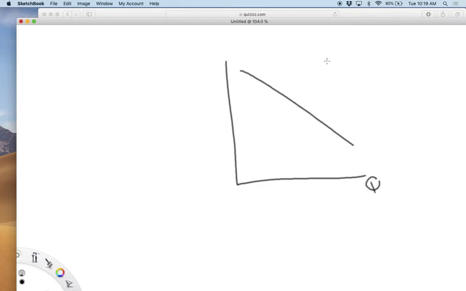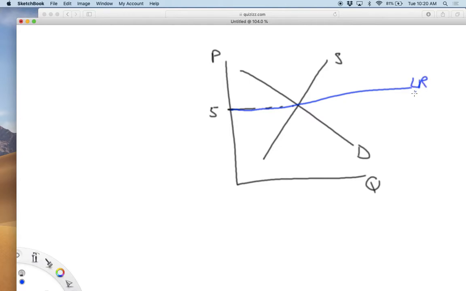Okay, the situation we have is you are in long-run equilibrium. Price is $5, right? And you are a constant cost industry, so long-run average cost is a flat line at $5, okay?